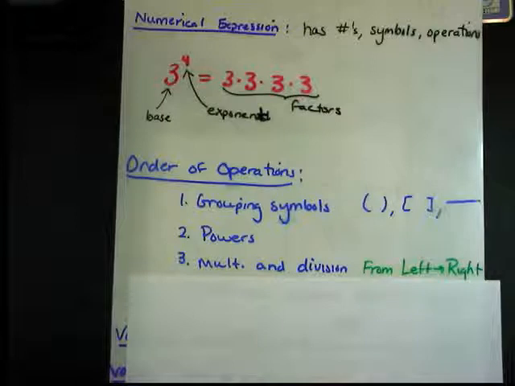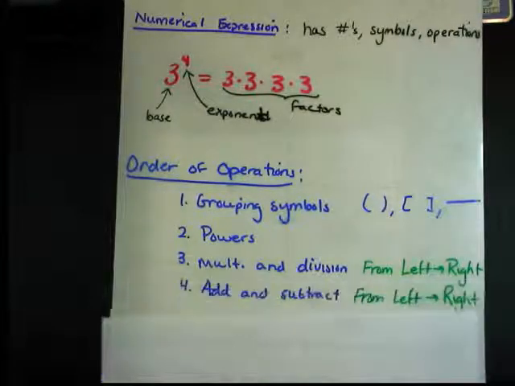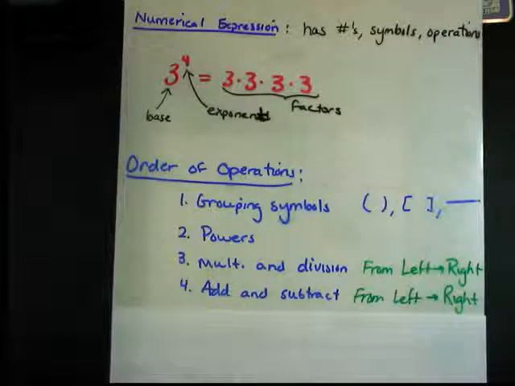You do multiply and divide in order from left to right. The one you see first is the one you do first. And the same thing happens with add and subtract. You do whichever one you see first. It is not always add. So you need to make sure that you're following the proper order of operations and not just some letter acronym. And remember, we always move from left to right.